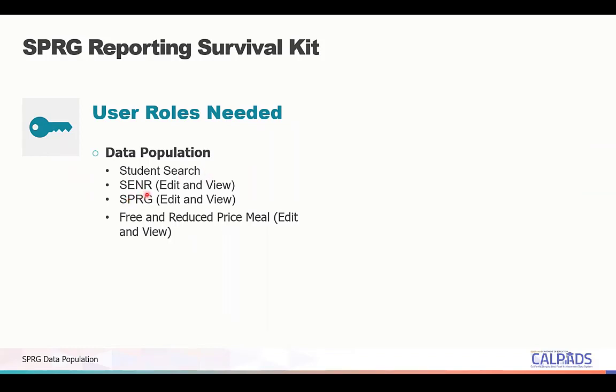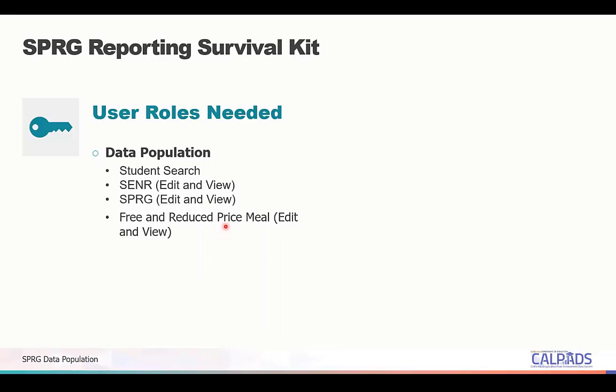Next are the SENR edit, SPRG edit, and free and reduced price meal edit roles to allow users to submit and maintain student enrollment, program and lunch records through batch or online maintenance. And then SENR view, SPRG view, and free and reduced price meal view roles to allow users to see a student's enrollment, program, and lunch history in the student details page.